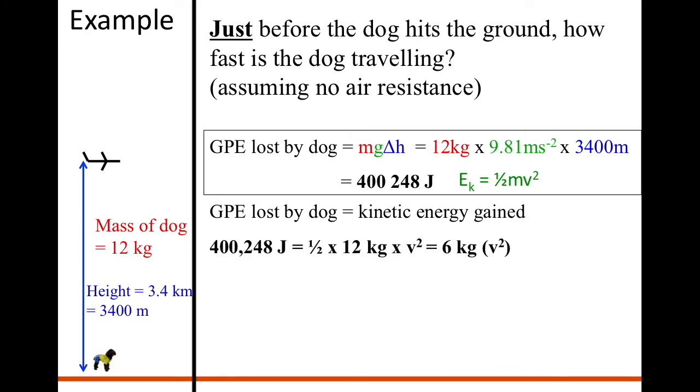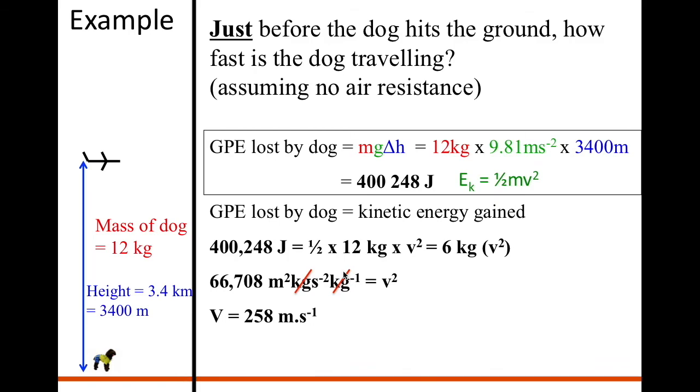When we plug all of this in, we get 400,248 joules for the kinetic energy equals 1/2 times the mass of the dog times v squared, which is what we're trying to solve. And this part right here would actually become 6 kilograms times v squared. When we divide the 6 into the 400,248 joules, we'll get an answer of 66,708.